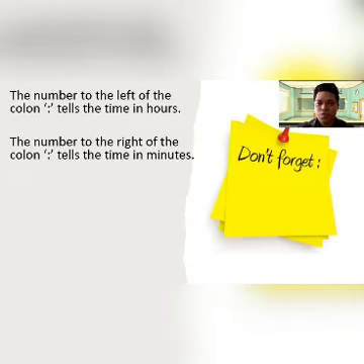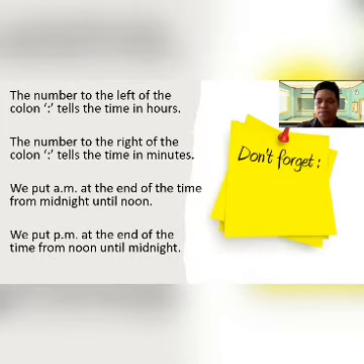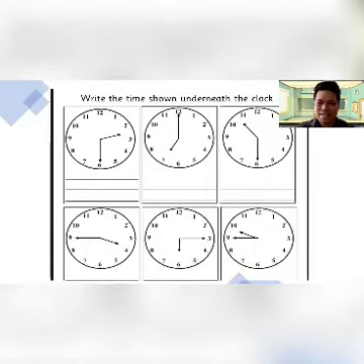The number to the right of the colon tells the time in minutes. We put AM at the end of the time from midnight until noon. And we put PM at the end of the time from noon until midnight.